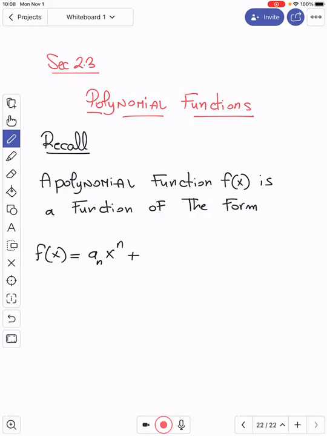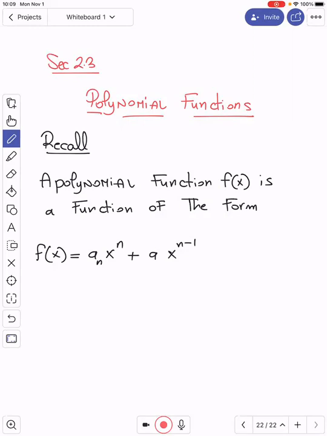Then after that, of course, the power of x is going to decrease. So we have x to the power n minus 1, and in front of x to the power n minus 1 there is some number.